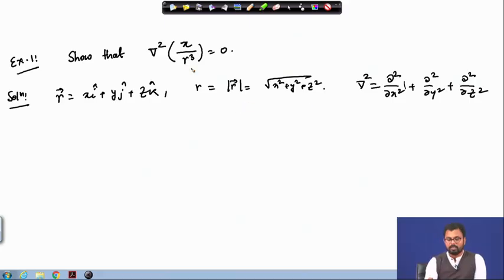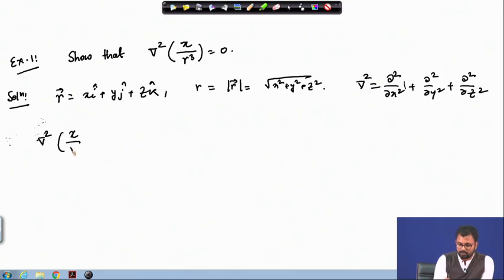All right. So, let us start with calculating our del square by del x square. What we have here is the Laplacian of x by r cube.